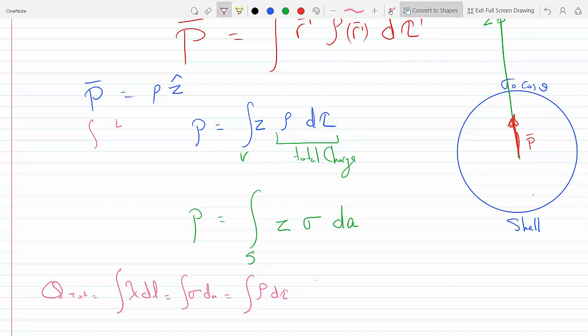This is all for a continuous charge distribution, but whether that distribution is line, surface, or volume decides which one you use. Here, we have the surface of the shell, so we use the surface charge density to capture all the charge on the surface of the sphere, and that's sigma dA.